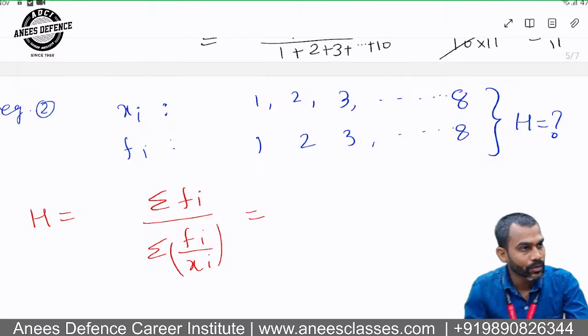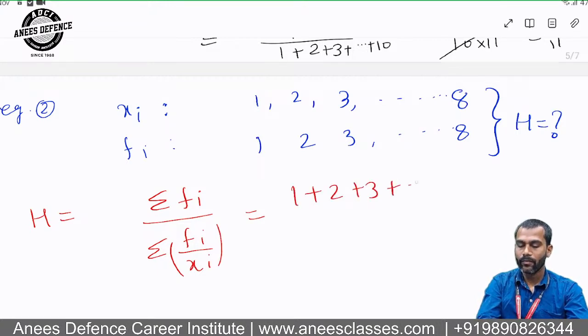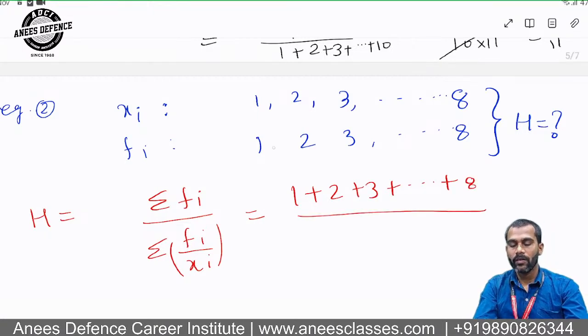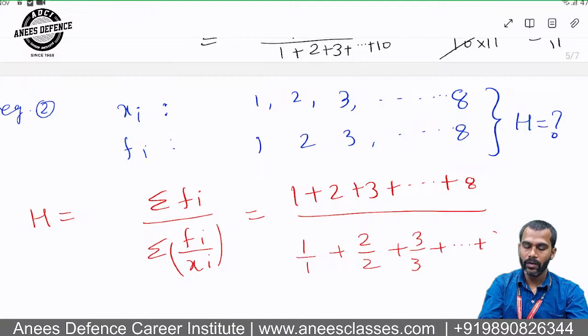We need to add all the frequencies. So 1 plus 2 plus 3 up to 8, divided by, since fi and xi both are the same, every time you'll get 1. So it means 1 by 1 plus 2 by 2 plus 3 by 3 till 8 by 8. Yes or no?